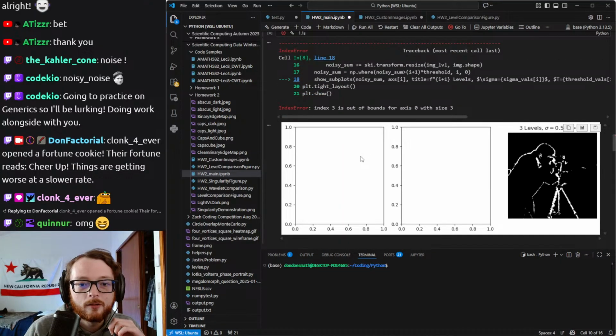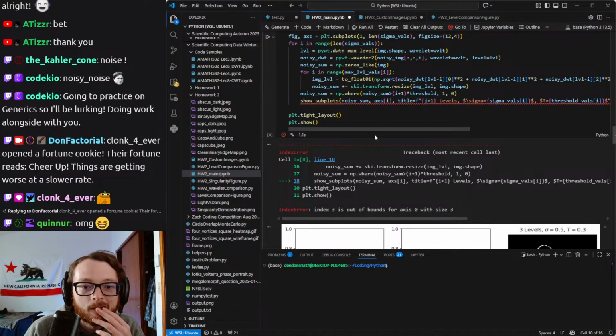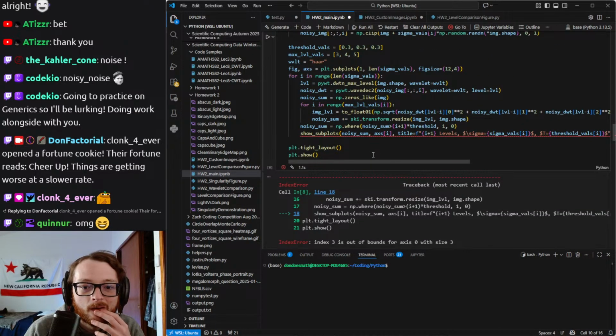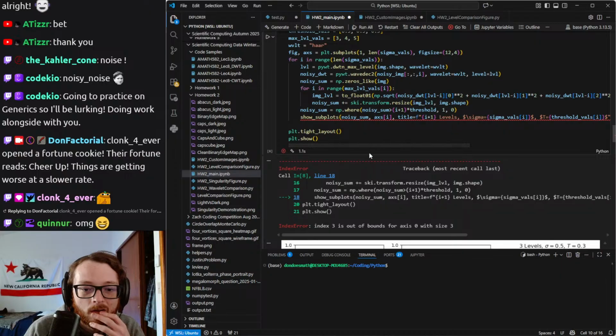Well... It's not exactly what I want. I mean, that one is not bad. I made an indexing error. Index 3 is out of bounds.